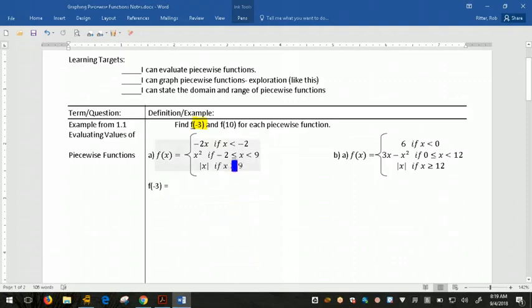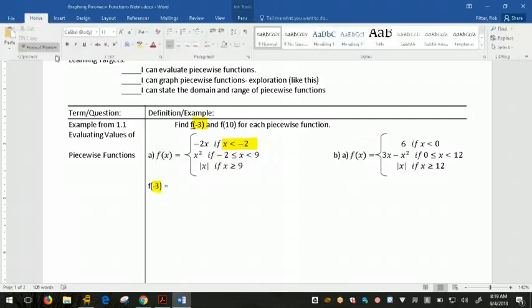The bottom one is only graphed for values where x is greater than or equal to 9. The middle one, the quadratic, is only graphed where x is less than 9 and greater than negative 2. The top one is where x is less than negative 2.